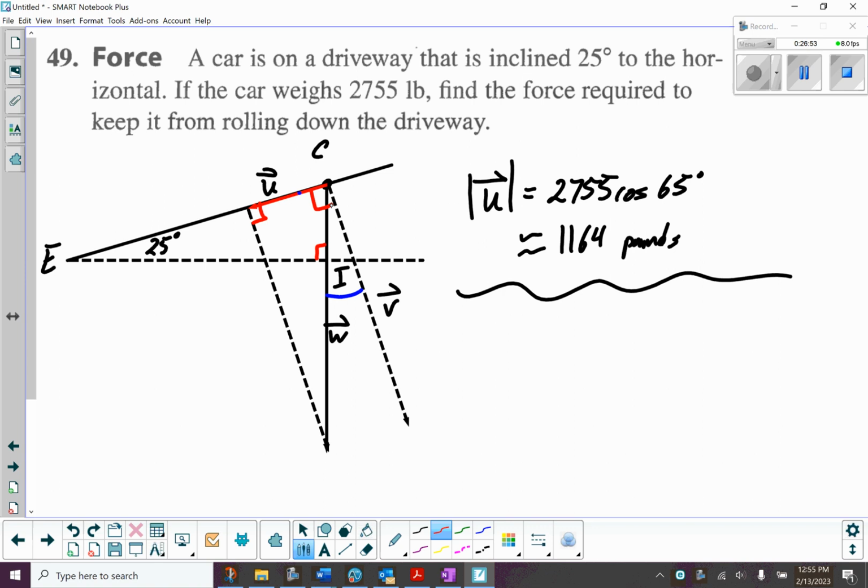Oh, don't you love how complicated these things get? That just a minute ago, this was 65 degrees. That means the angle between vector w and vector v is 25 degrees. Yes, the exact same angle as the incline of the driveway.